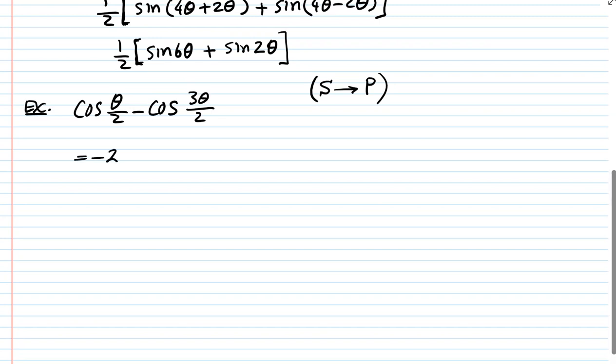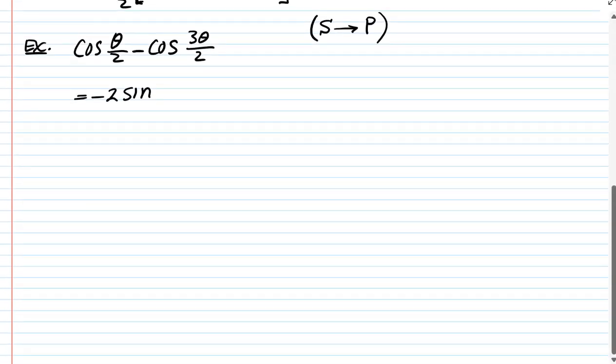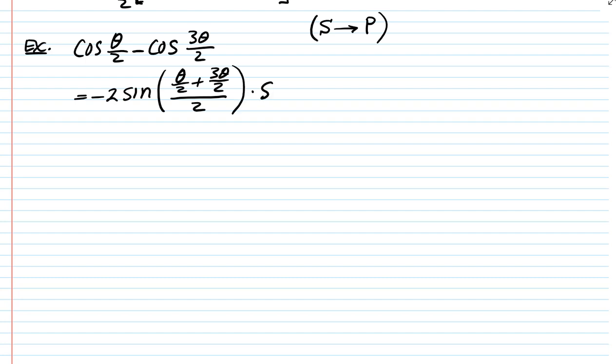I'm going to have -2 sine of the sum divided by 2, so it's going to be theta over 2 plus 3 theta over 2, then divided by 2, times sine of the difference divided by 2. The difference would be theta over 2 minus 3 theta over 2, all of that divided by 2.